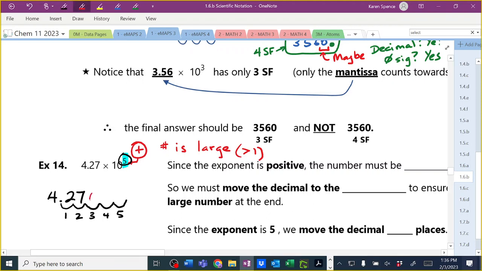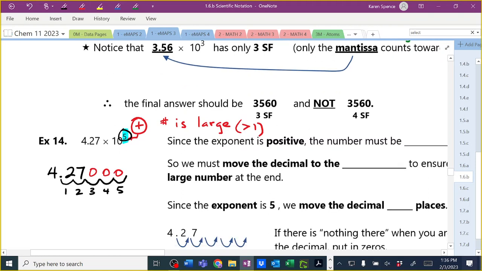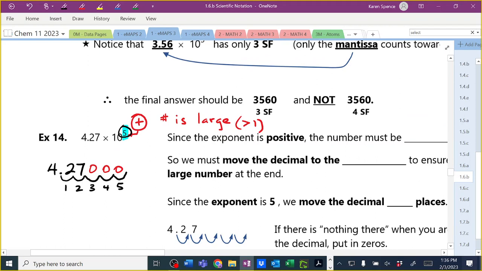Where there are gaps, you fill in zeros. Okay, so our final number in standard notation, not in scientific notation, will be 427,000. And don't put a decimal on the end because we only want to have 3 sig figs, because our original number had only 3 sig figs.